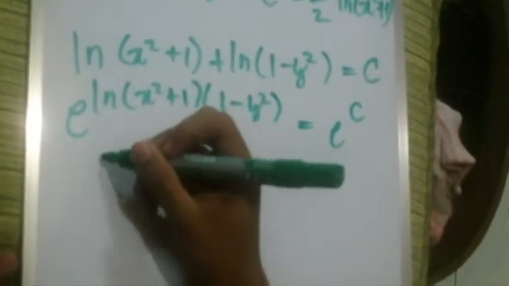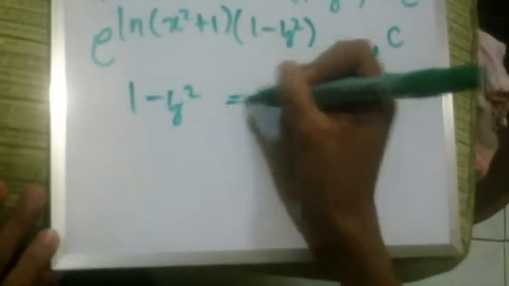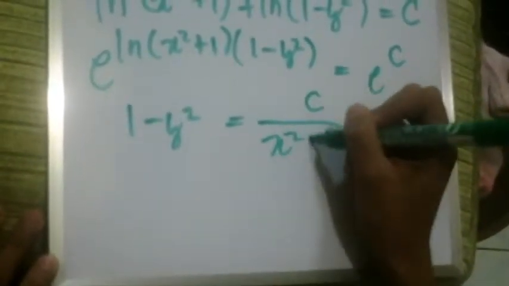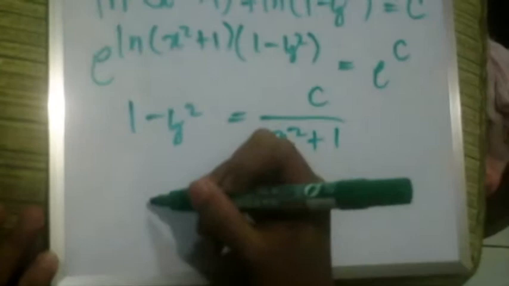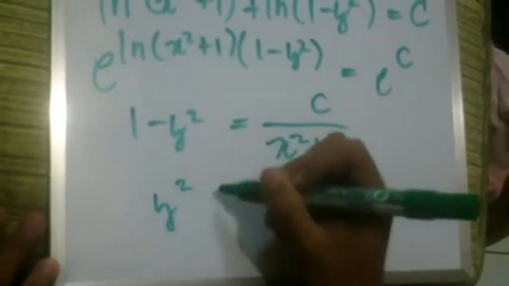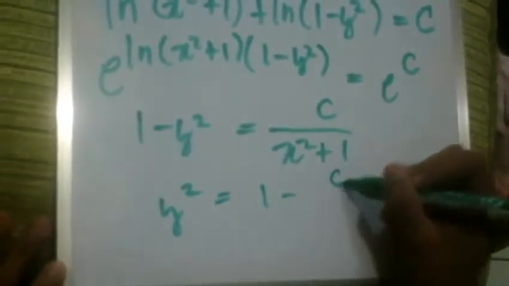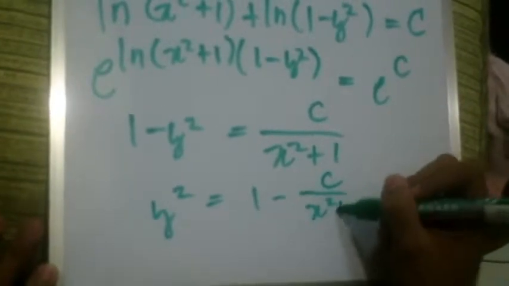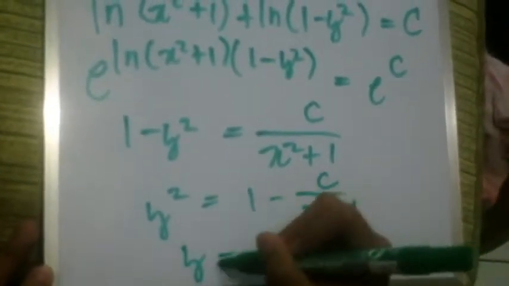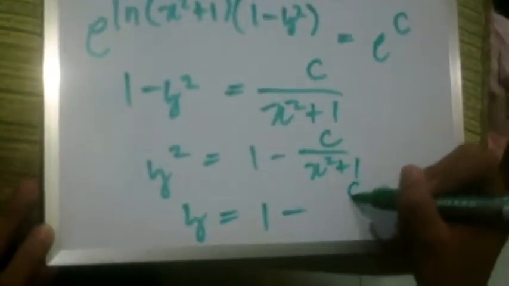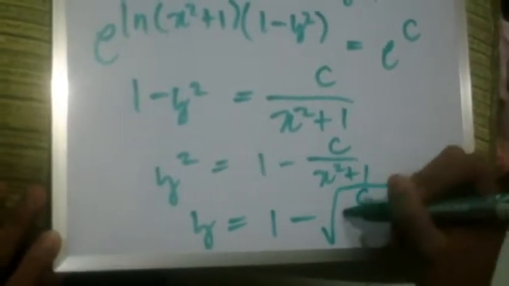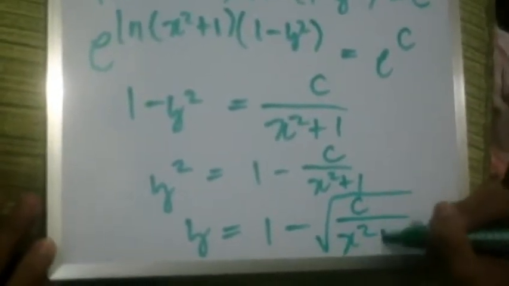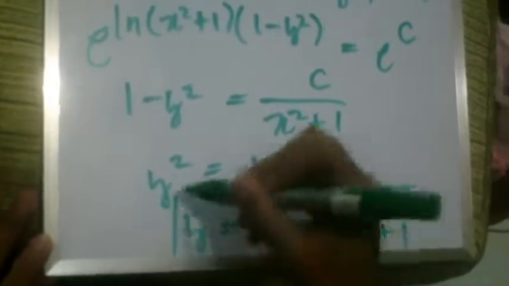The result would be 1 minus y squared is equal to c over (x squared plus 1). Then y squared is equal to 1 minus c over (x squared plus 1). y is equal to the square root of 1 minus c over (x squared plus 1). And this would be the final answer.